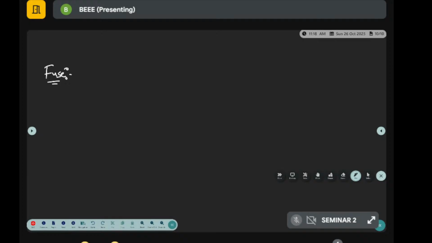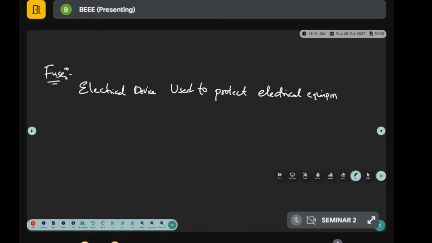Right. Now fuse. What is meant by fuse? So fuse is an electrical device used to protect electrical equipment and human beings.